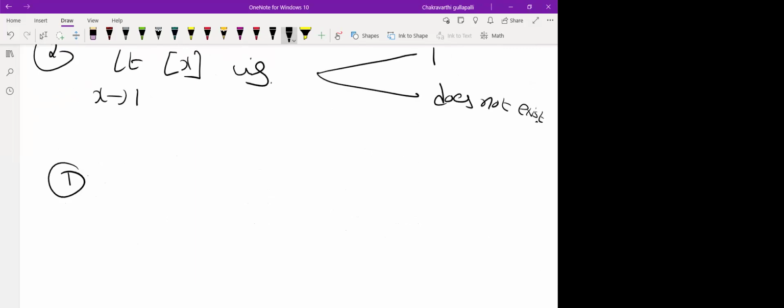Next, once I give a shortcut, don't do it like this. For half of box x, box x has breaks, but one half is not a break point, because it is not an integer. I told you earlier, only at break points does the limit not exist; at non-break points it exists.